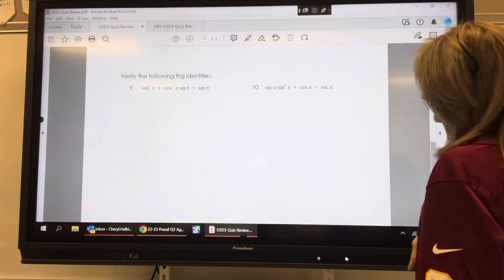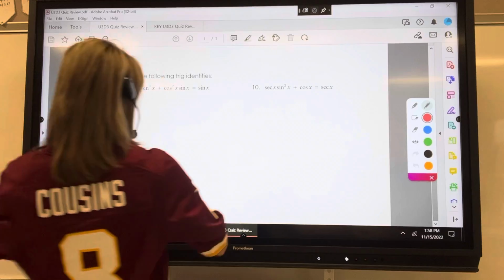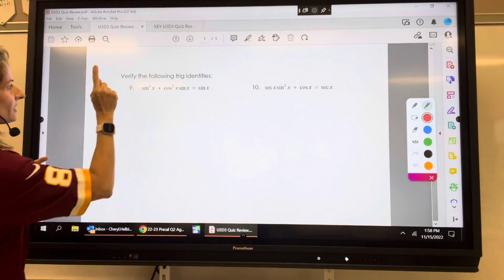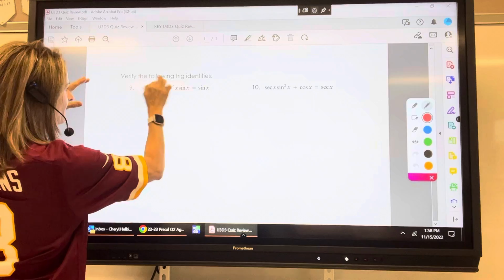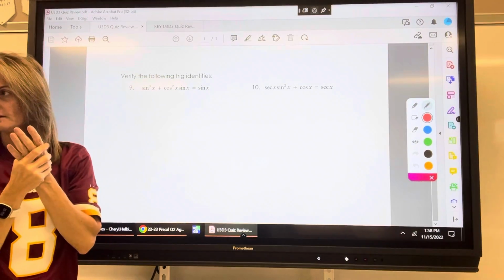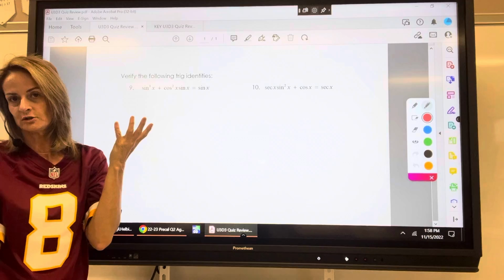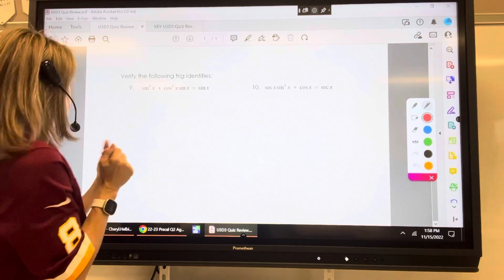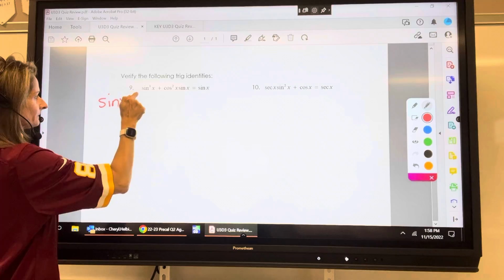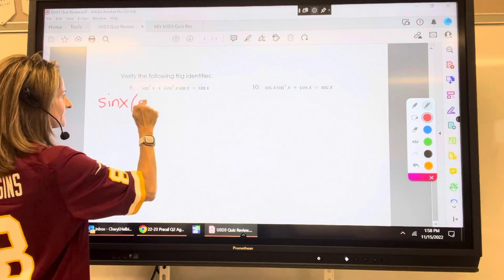For number 9, there's a lot going on the left side here. Remember, we're working on one side. First thing I notice is there are 2 terms because they're separated by a plus. Each of those terms has a sine. So I'm just going to factor one out, see what happens. What's left? Sine cubed becomes sine squared.